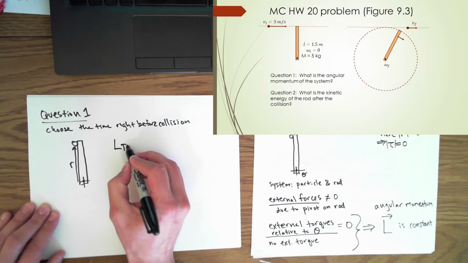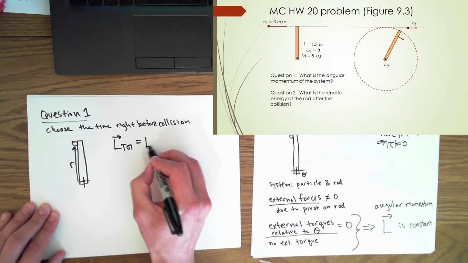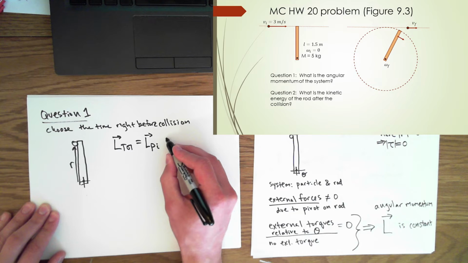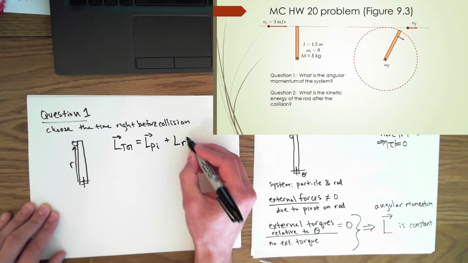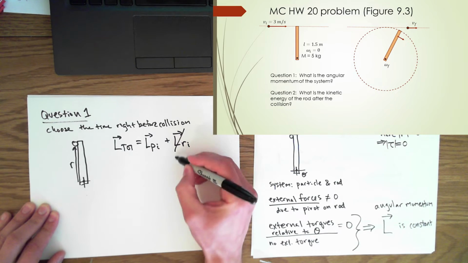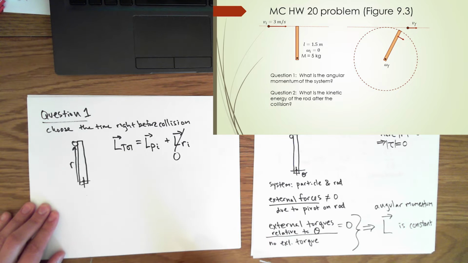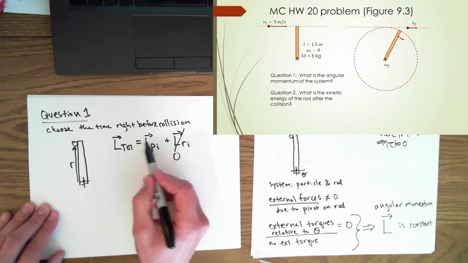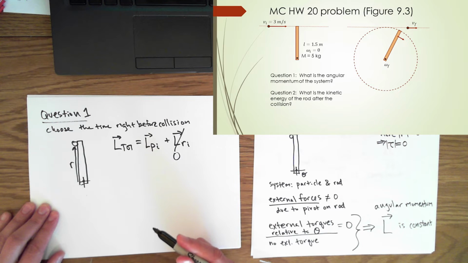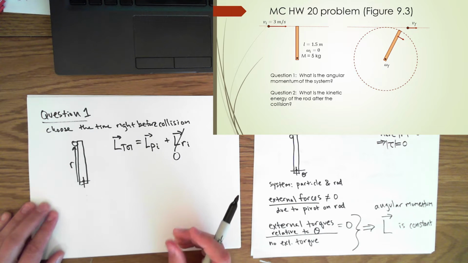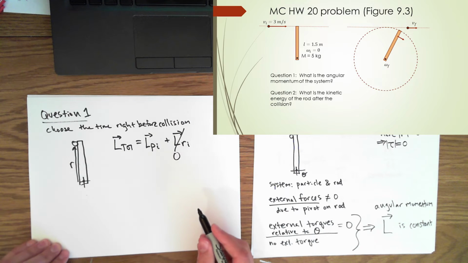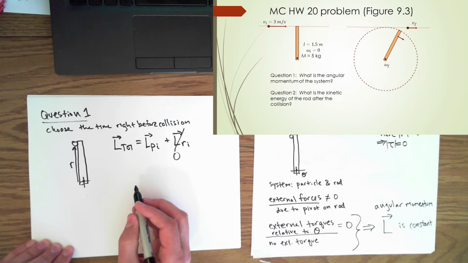So L total equals L particle initial plus L rod initial, and this one is 0 because the rod is at rest. This one is not 0, so if we calculate this, we know the total angular momentum throughout the collision, before, after and during, because of conservation of angular momentum.